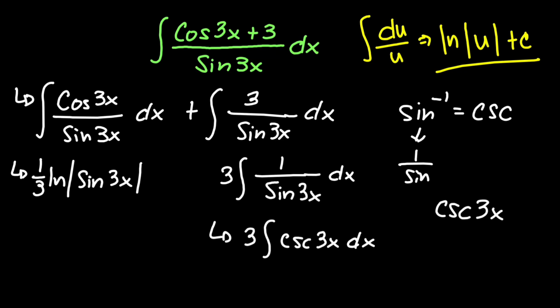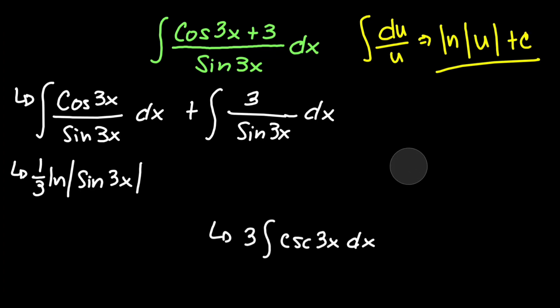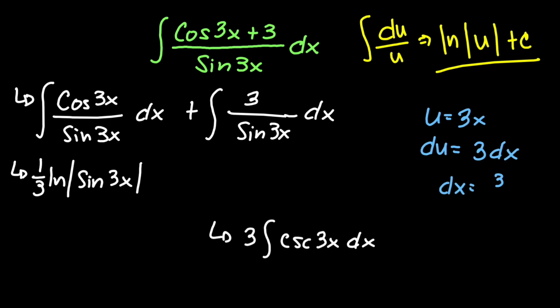And so the next step here would be to use u substitution. Let u here be 3x. So the derivative of 3x would be equal to simply 3 multiplied by dx. So dx right here would be equal to du over 3. We did this because what we want here is a single variable such as cosecant u or cosecant x.